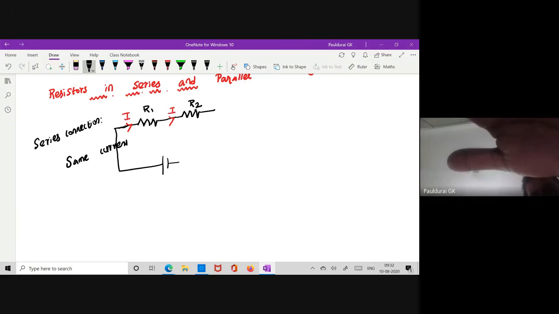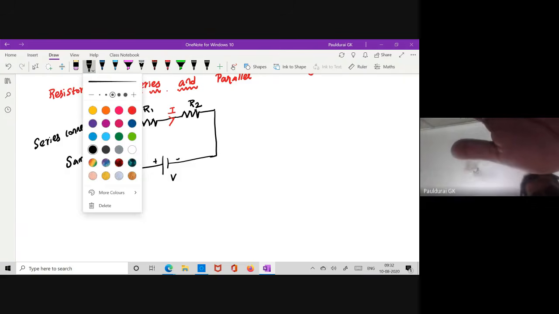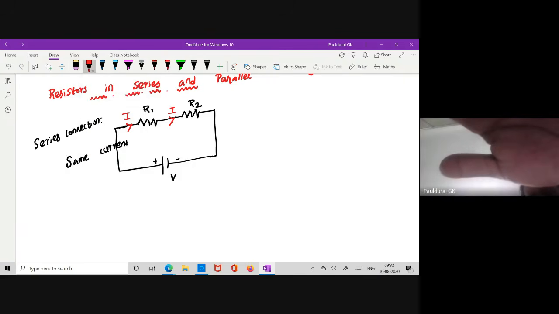Assume I am applying some voltage V, plus minus. What is the polarity for the resistance? We don't know, but normally we take plus minus for some V1, and plus minus for some V2. So from KVL straight away I can write V equals V1 plus V2.